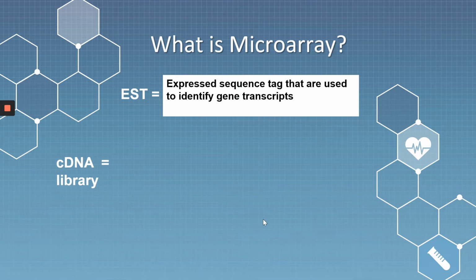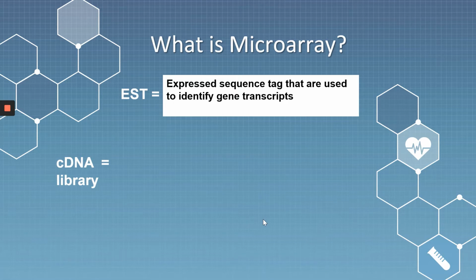Do you remember last week, Sarah, that I taught you about the DNA sequence of ATCG? ATCG is a sequence of the DNA, which is a gene. So an expressed sequence tag is a sequence that is expressed in a gene that is tagged to identify it.